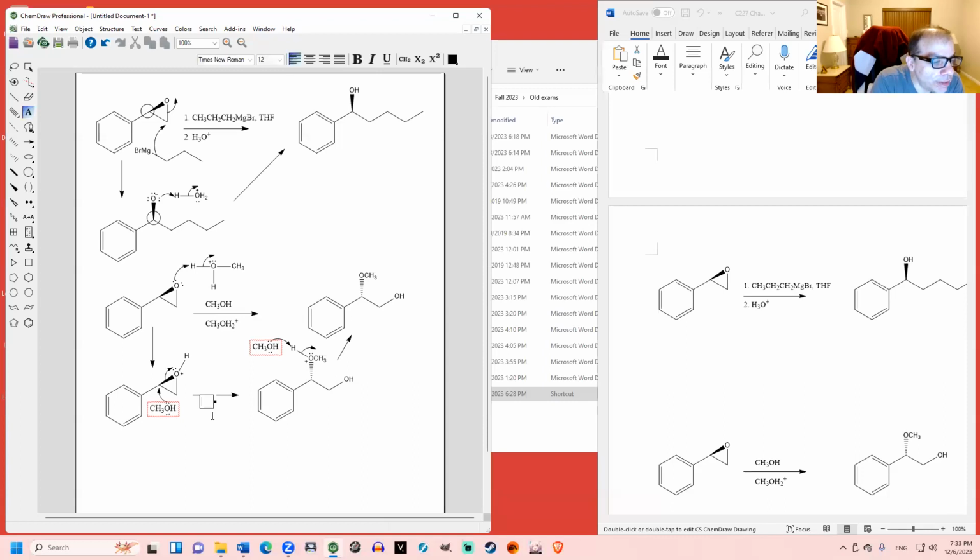I should also have mentioned that this step here is SN2. That's why we have inversion of configuration. This carbon here is this carbon over here. And this oxygen is this oxygen.